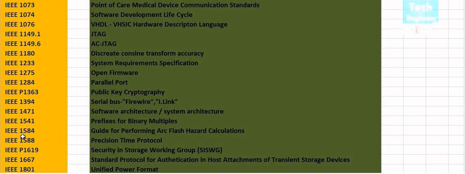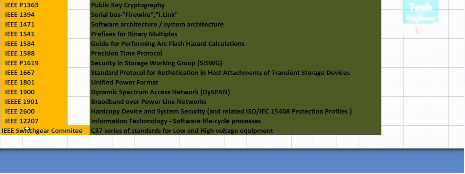IEEE P1619 is the security in storage working group, SISWG. IEEE 1667 is the standard protocol for authentication in host attachments of transient storage devices.